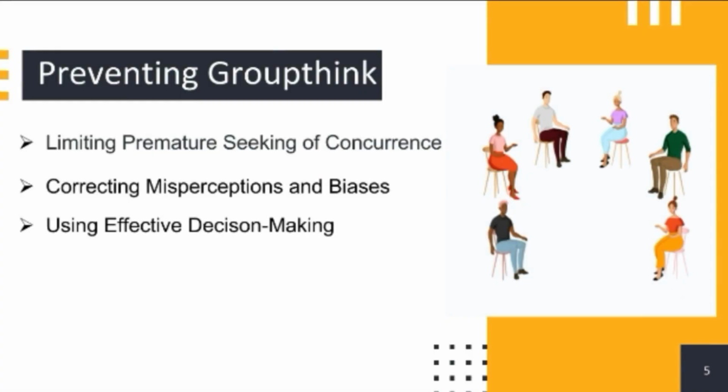Then, preventing groupthink. One of the examples of groupthink in action was the Bay of Pigs invasion, which failed because President Kennedy made a decision and the people around him supported it despite their own concerns.